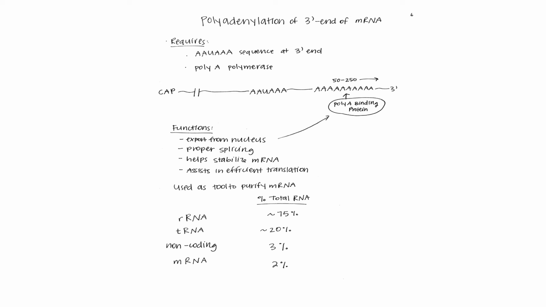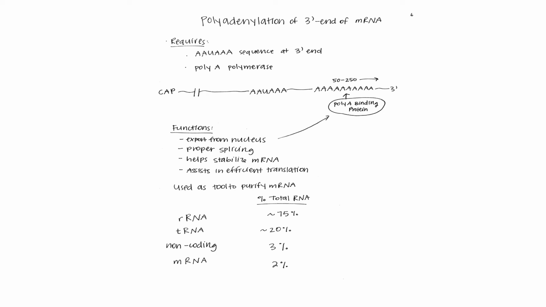So if you're interested in looking at a messenger RNA, studying what a messenger RNA looks like, what some of its properties are, it would be hard to do because the messenger RNA is a minority of RNA in the cell. If you look at the total amount of RNA in the cell, 75% of it is ribosomal RNA. 20% of it is transfer RNA.